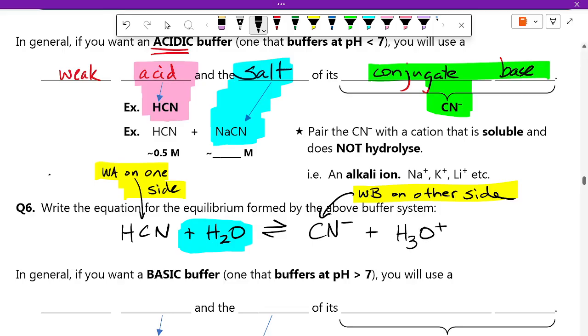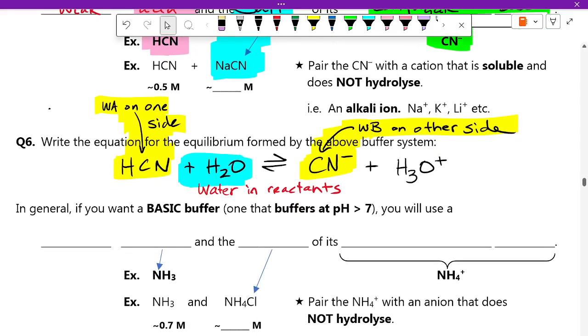So whenever you are writing a buffer system, you should have the weak acid on one side, the weak base on the other side, and you should have water in the reactants, okay? That's going to be the same if we have our weak base in the reactants and our weak acid in the products, and we would put our water in the reactants, okay?